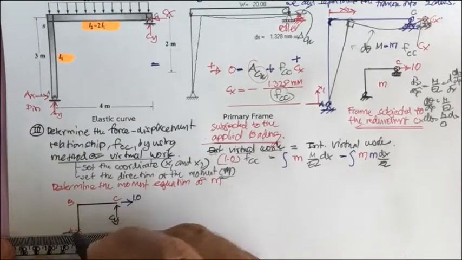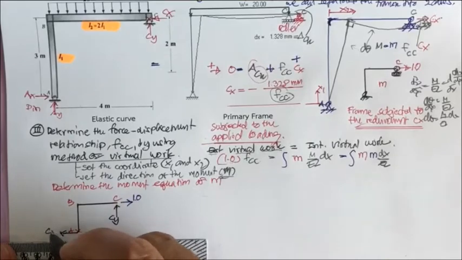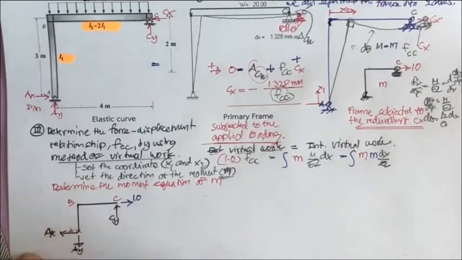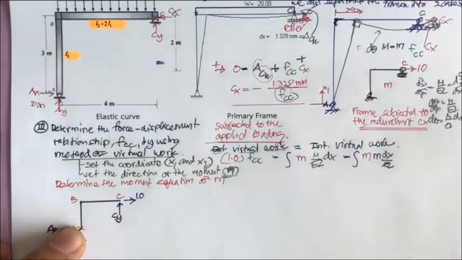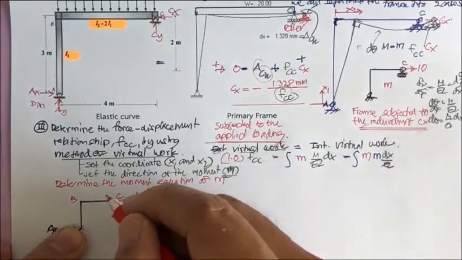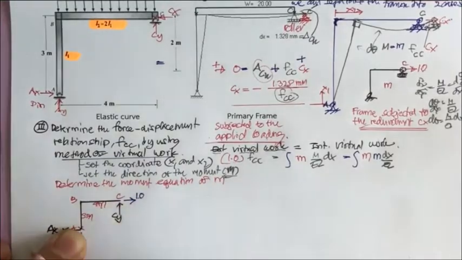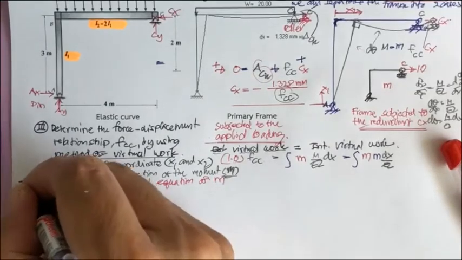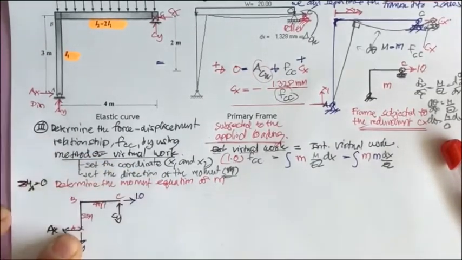And you also are going to have this one. This one is to the right, so this A sub x is going to be to the left, and this one is upward, so this A sub y is going to be downward. And now just know that this one is 4 meter, this one 4 meter, and this one 3 meter. You may do the summation. Let's put the summation of the moment about A equal to 0.